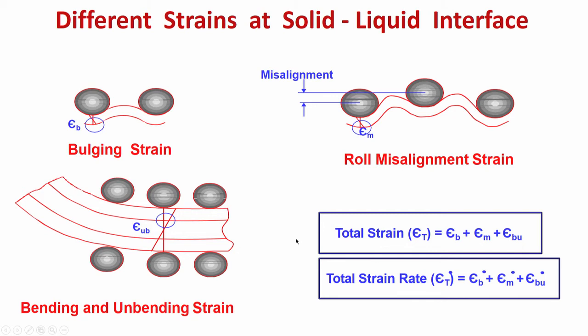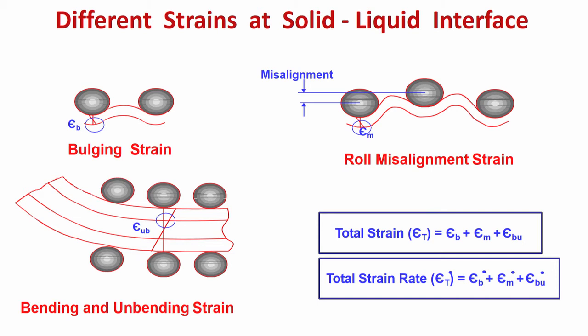This total strain, as I have explained earlier, should not exceed the critical strain limit for every steel. Every steel has a critical strain limit. It depends on what type of steel. If the sulfur content is more, we know it is more prone to crack formation. If the phosphorus is more, because the shell is thinner, there is also a possibility of crack formation. So, depending on the type of steel, it is prone to different types of crack formation.